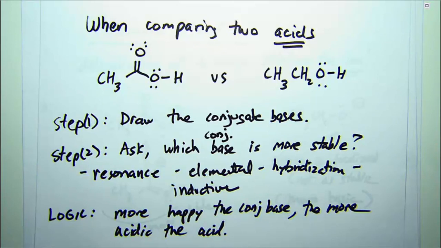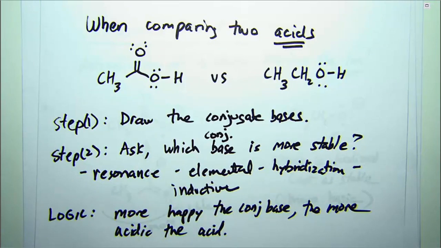You always have to use this logic. Students will kind of get themselves in trouble if they try to skip these steps and just try to predict which one is more of a strong acid just by looking at it. And so one way you can think about this, here's an analogy for you. If there's two people and you're trying to figure out which one loves chocolate more, right? So you give chocolate to both of them. And then you remove the chocolate, and then you see which person is more angry and unhappy, right?